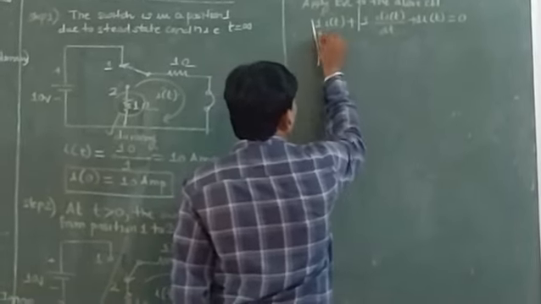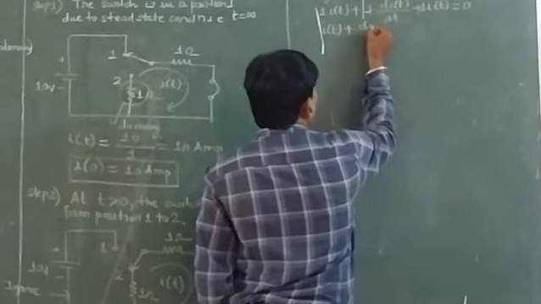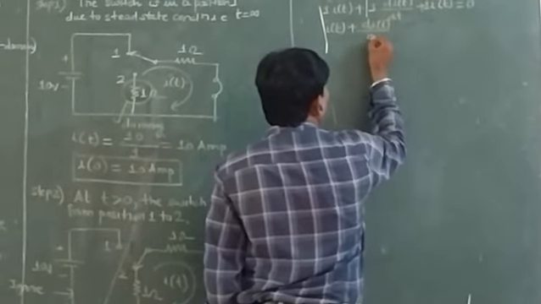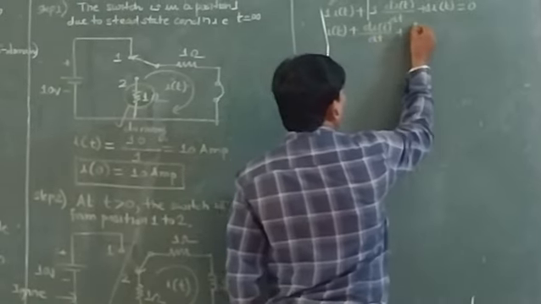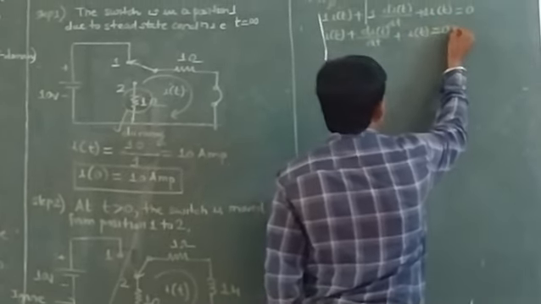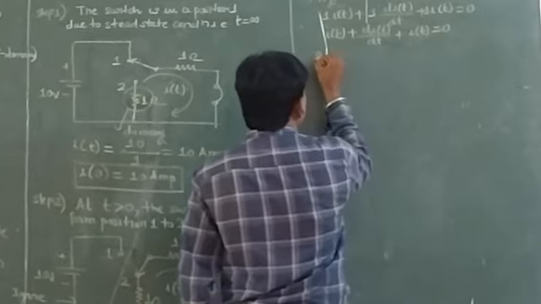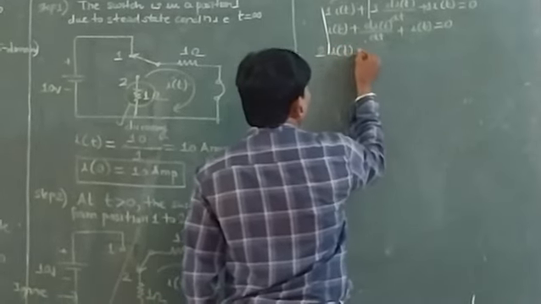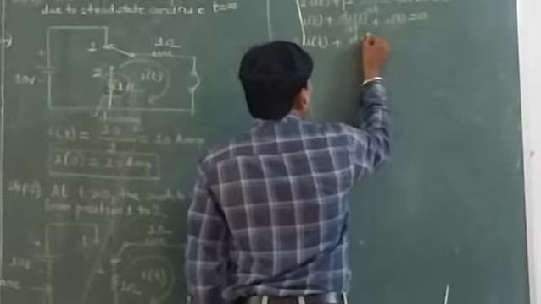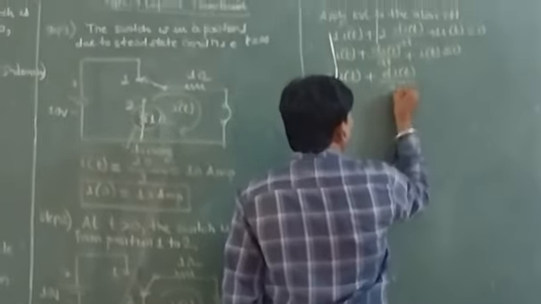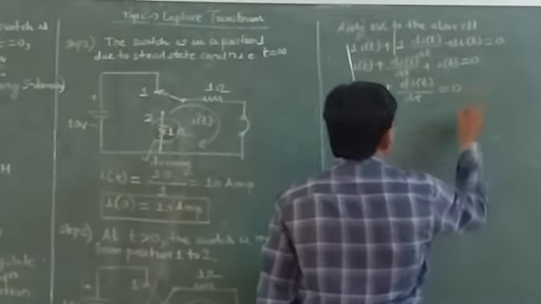I of t plus di of t upon dt plus I of t equals 0. Now, it is 2I of t plus di of t upon dt equals 0.